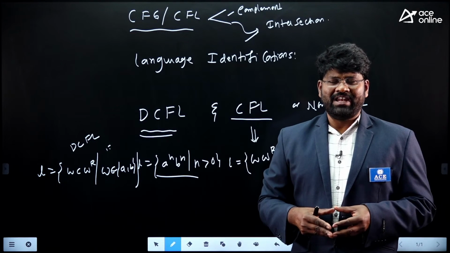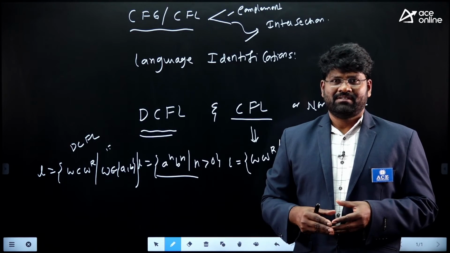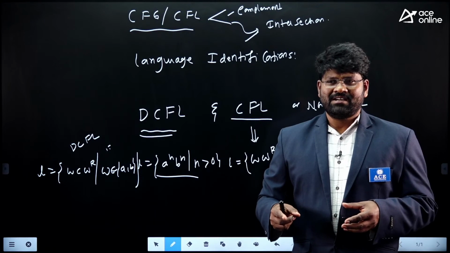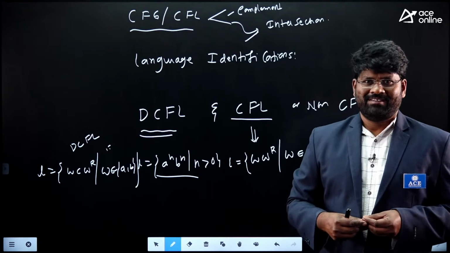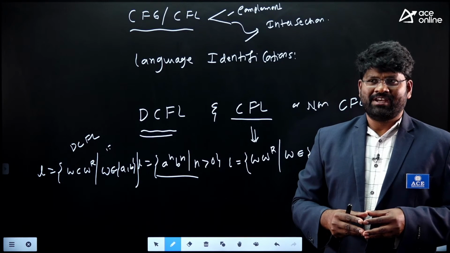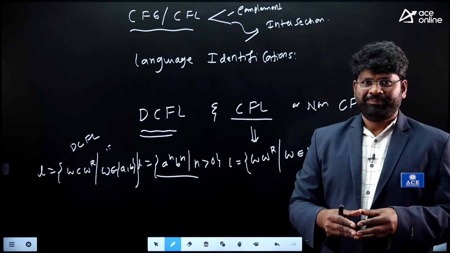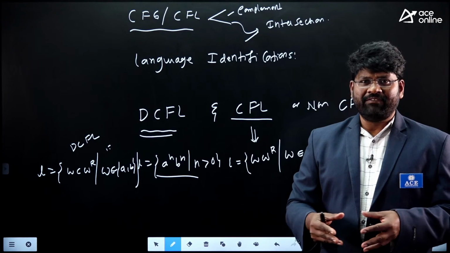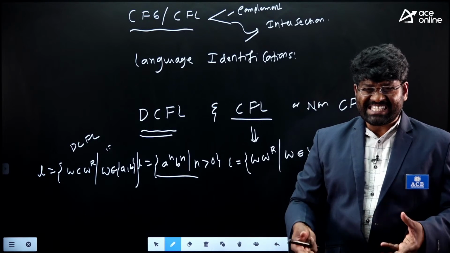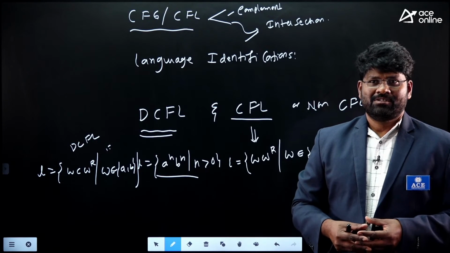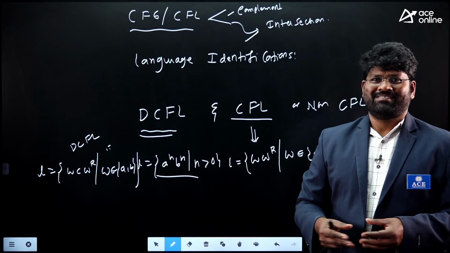That is not the correct statement according to the closure properties. What closure property says is: if L is a CFL, L dash may be a CFL, or may not be a CFL. Or else, it is not necessarily a CFL.